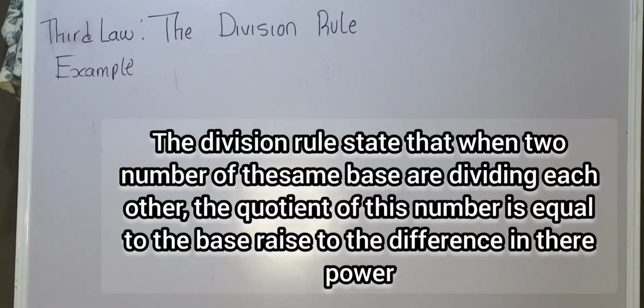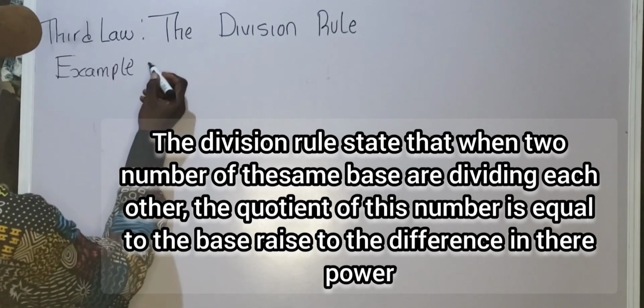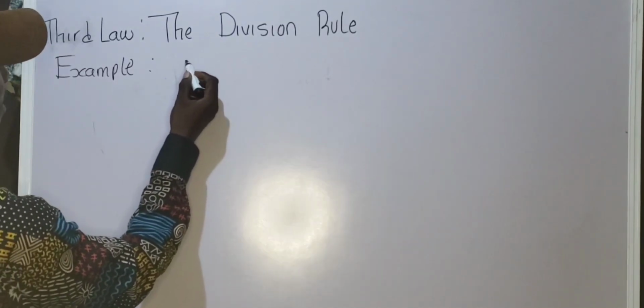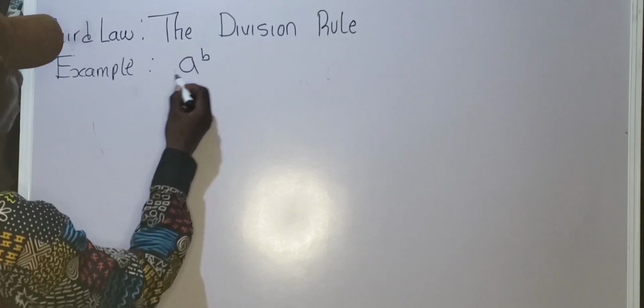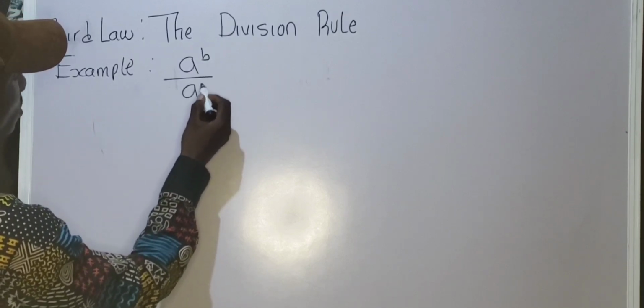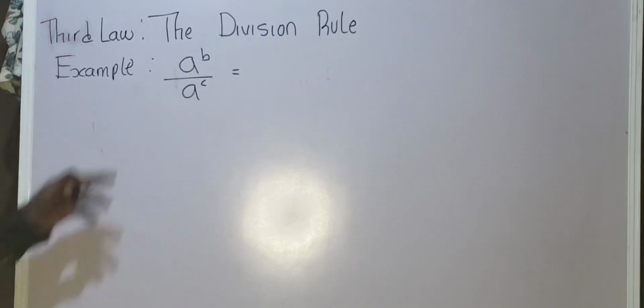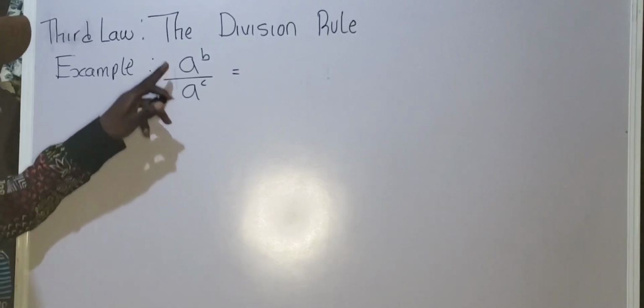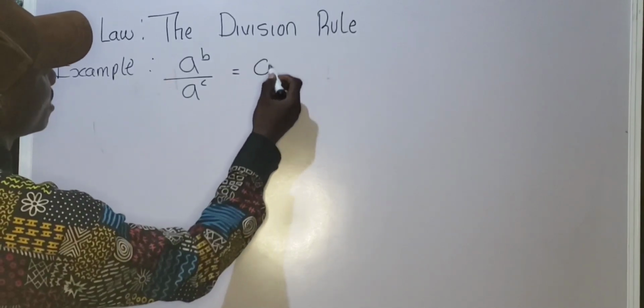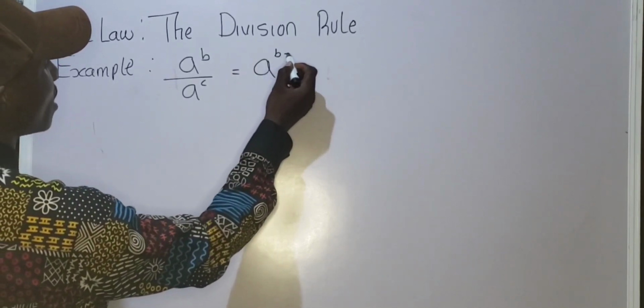The division rule states that when two numbers of the same base are dividing each other, the quotient of these two numbers is equal to the base raised to the power of the difference in power. You understand? This implies that if we have a raised to the power of b all over a raised to the power of c, the quotient, that is the division of these two numbers, is a raised to the power of the difference in power.